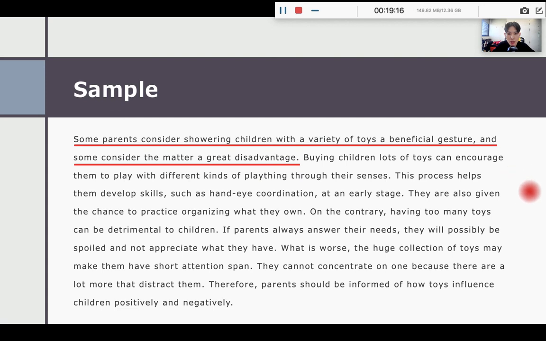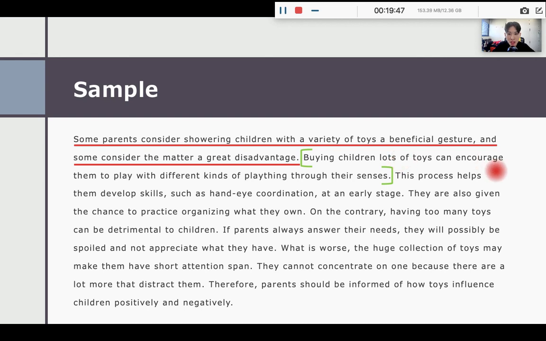And then the second E, do you still remember the second E? The second E is about giving evidence or giving examples. So the second sentence here, buying children lots of toys can encourage them to play with different kinds of plaything through their senses. Okay, so this is the example of the positive aspects of giving children a lot of toys. And then do you still remember the third E?